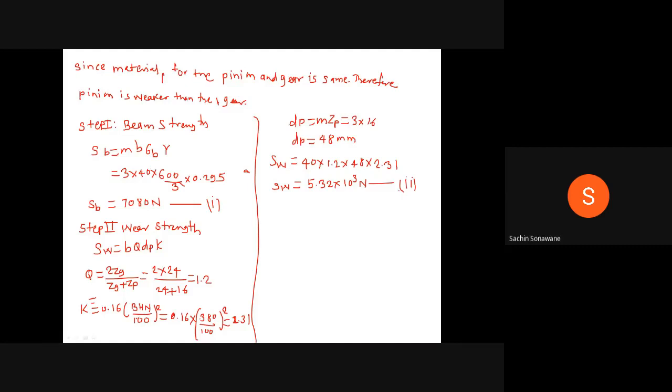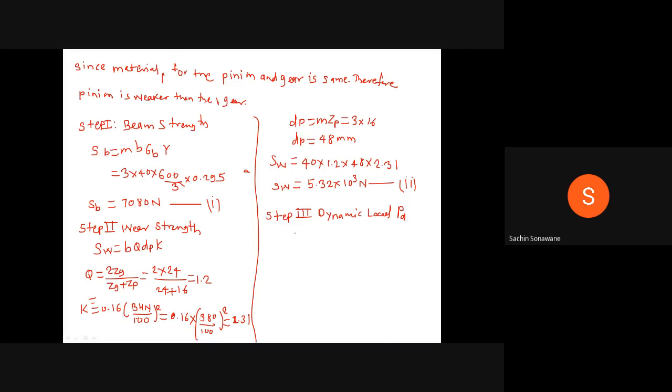Now we will calculate dynamic load. Therefore, step number 3, dynamic load. First of all, we will calculate dynamic load. Therefore, write down here step 3, dynamic load PD.